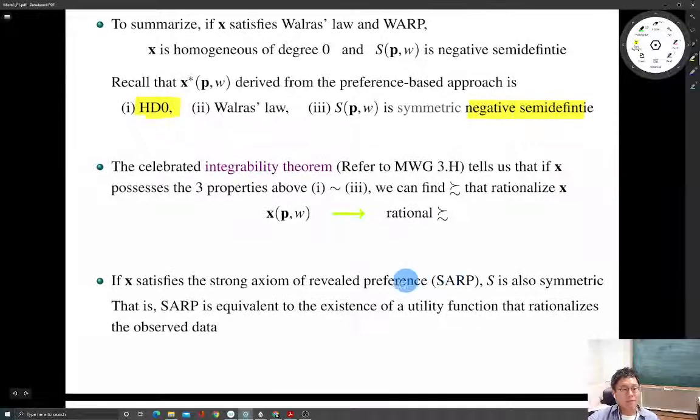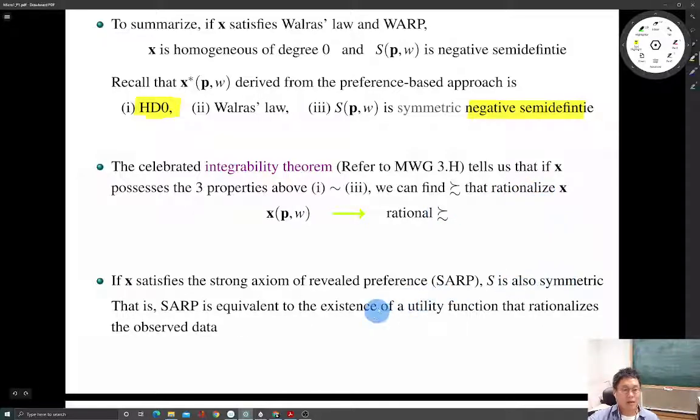But if we strengthen the condition to the strong version of the weak axiom of revealed preference, the so-called strong axiom of revealed preference, SARP, then the Slutsky matrix is going to be symmetric. And Walras' law is very easily satisfied, as I told you. So the three conditions are satisfied for the choice function, and by the integrability theorem, the deduced preference ranking can be rationalized.